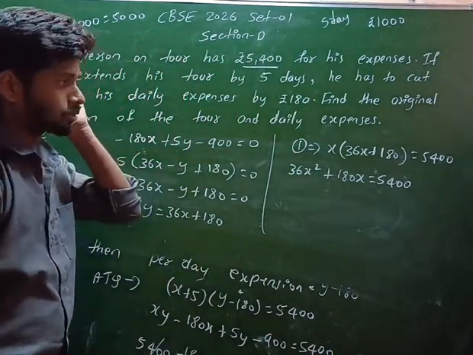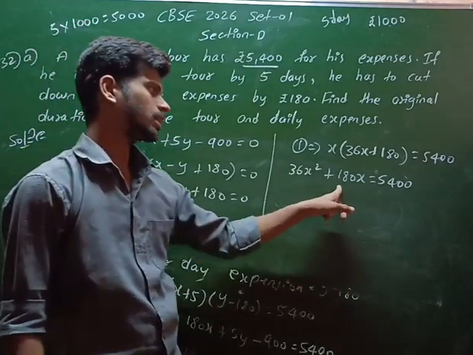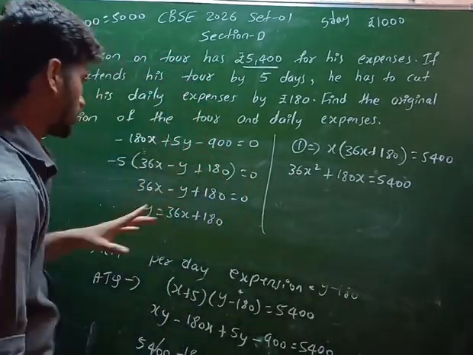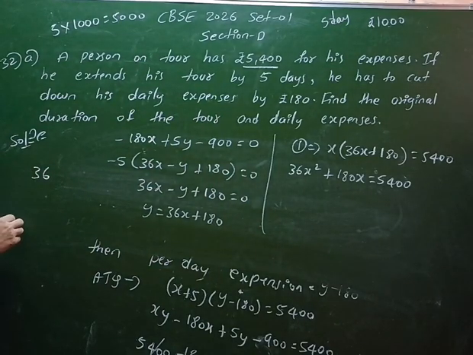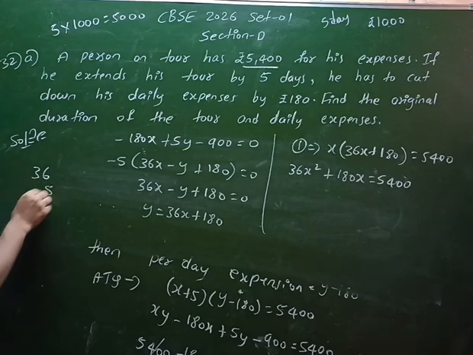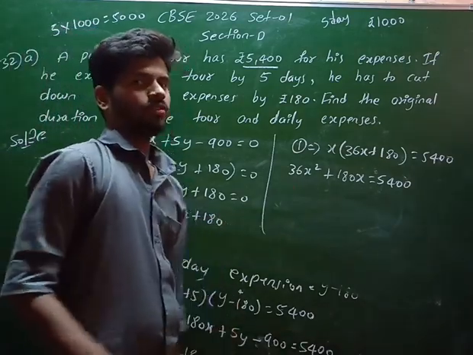Now check, can we take only 36 common? 0 we want, so what should we multiply 6 by to get 0? 5, right? 5 sixes are 30. So we get 36 into 5, which is 180.